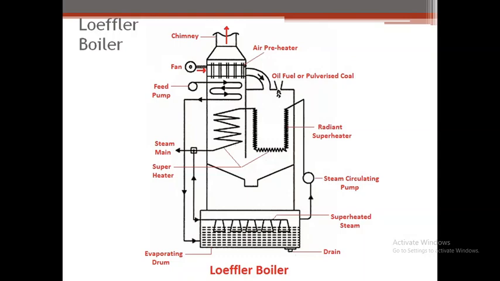And here the mixing nozzle is there. The location of this mixing nozzle is inside the evaporator drum. What it does is mix the steam and feed water from the superheater and evaporator drum.